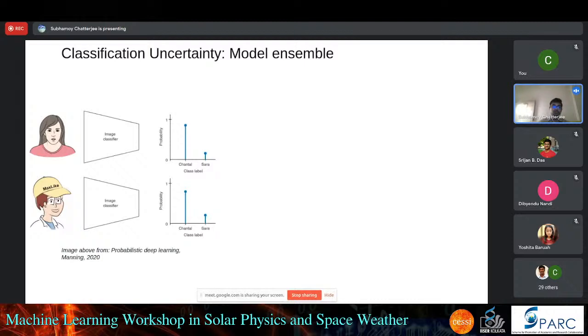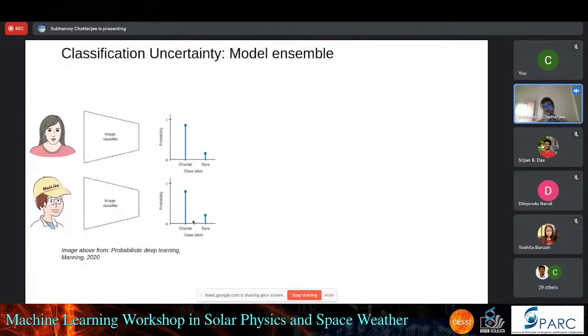But when you give unknown or unseen data, which is neither of those 2 faces, you would expect that the model will be quite neutral, right? It will give a probability for both the classes as 0.5 because it is neither of them. But what you see in reality is these deep learning models are actually confident, and it predicts that image to be of one of those classes, which is entirely incorrect.